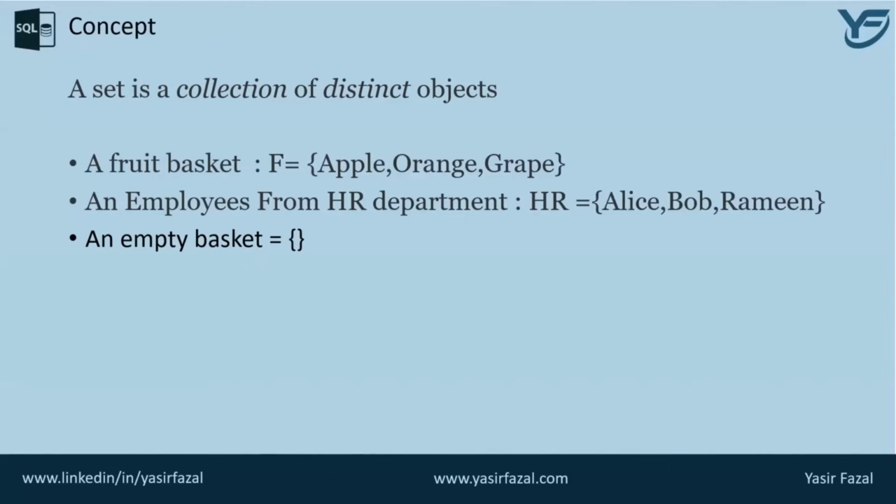There is no member in the set, and emptiness is the member of that set. When I talk about an empty basket, it means the basket is empty. There is nothing in the basket as a member. So emptiness is the member of that basket. So these are the basic natural world examples of the set.